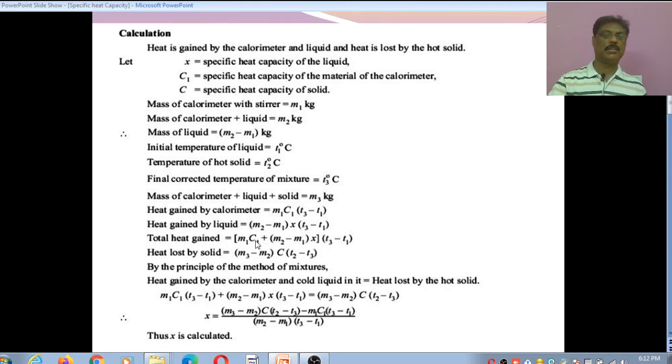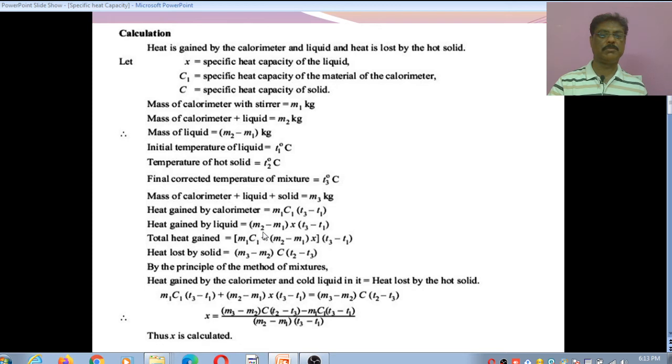Now for the total heat, we have to sum up these two terms. By adding, we get M1 C1 plus M2 minus M1 into X, and the common term is T3 minus T1. Let the common term be taken outside.